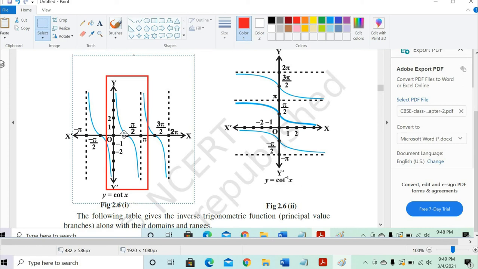Excellent. Similarly, now draw the figure for y equals cot inverse x.